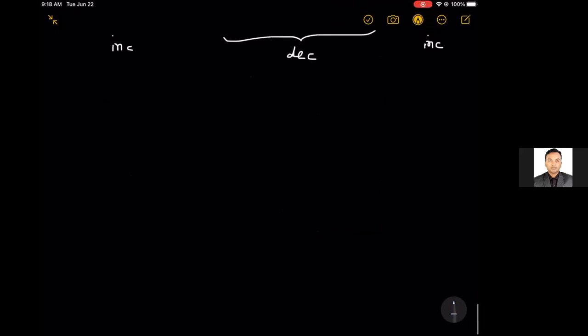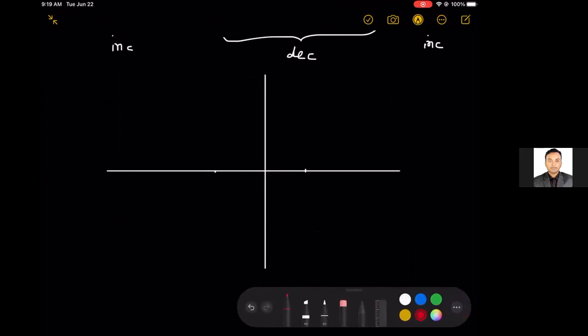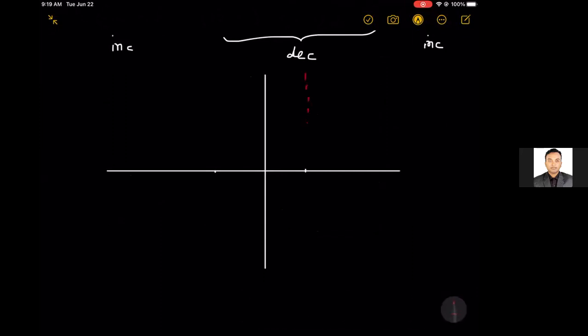So now let's try to draw the graph again. We have an asymptote at -1 and +1. So let's first draw that again. Okay, let's just imagine that these are my asymptotes at -1 and +1.